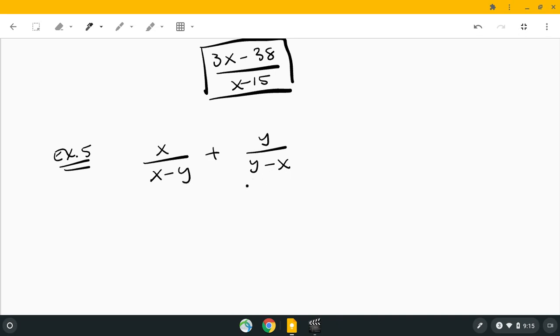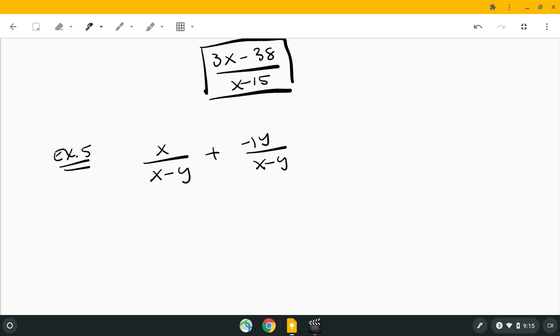If you ever forget, just do it in your head and put actual numbers and flip them. 5 minus 3, 3 minus 5. 5 minus 3 is 2. 3 minus 5 is negative 2. So remember, these are just opposite each other, okay? So if you want to switch this around, you have to put a negative, right? So you can switch them around, but then put a negative 1.